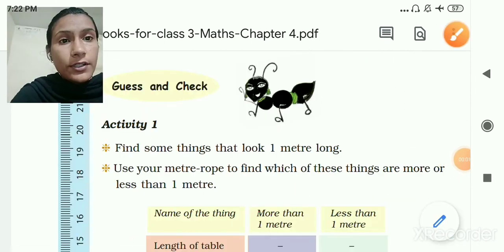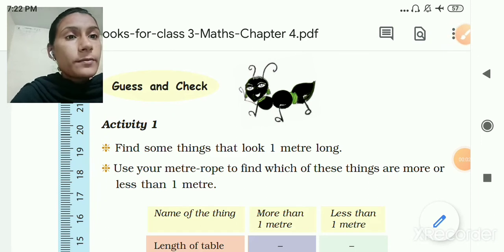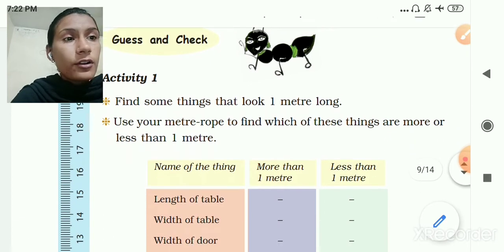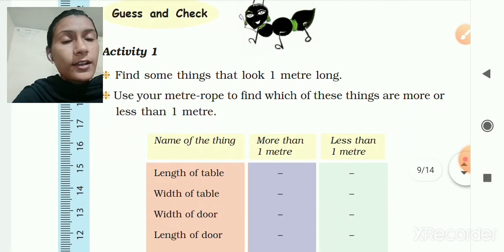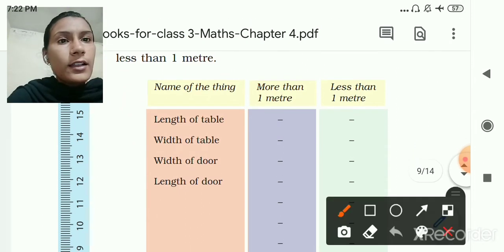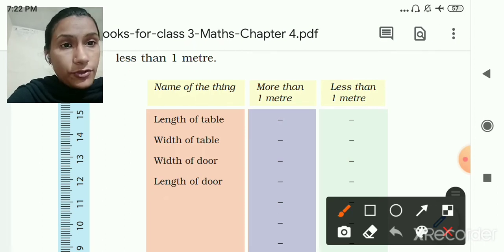Check activity 1. Find some things that look 1 meter long. Use your meter rope to find which of these things are more or less than 1 meter. Now think. You can see here the length of the table, width of the table, width of the door and length of the door.